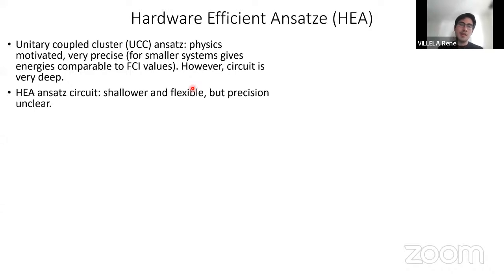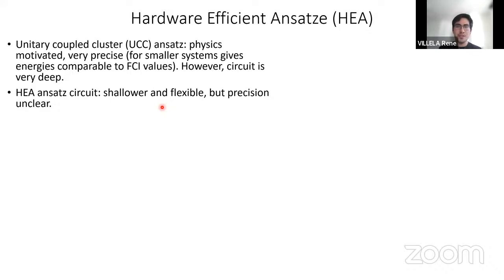So instead, we consider a more general heuristic approach known as the hardware efficient ansatz. This circuit is shallower and flexible, and can be applied to a variety of problems, not only atomic and molecular problems. It is a very general technique, but its precision is unclear because it has no physical motivation.